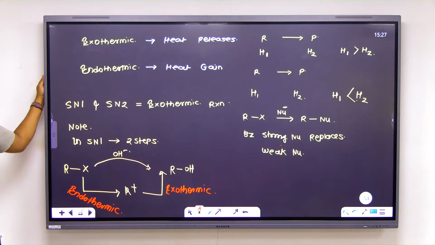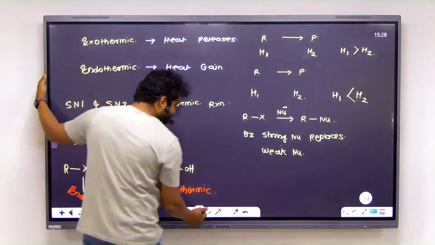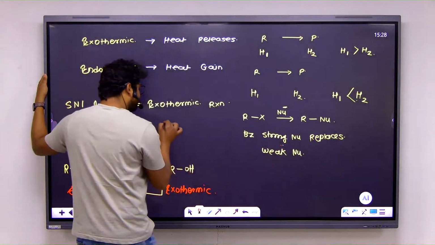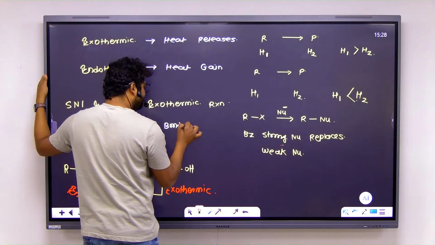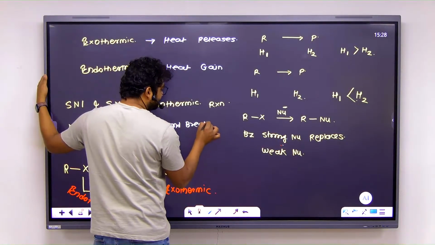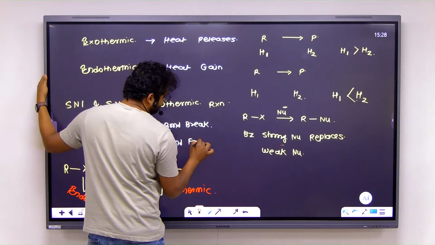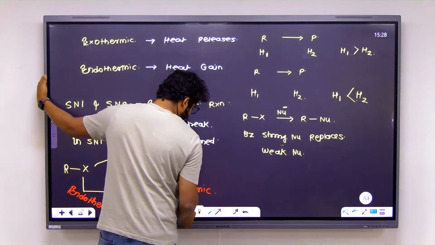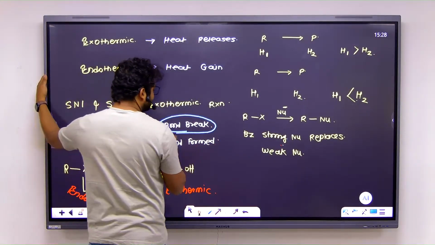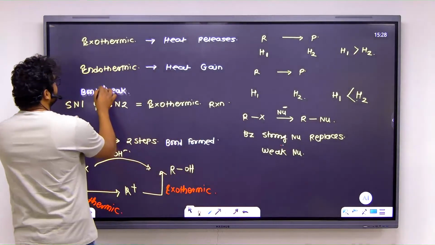Do you know these two steps, one is a bond break and one is a bond formed. Whenever there is a bond breaking, endothermic or exothermic?